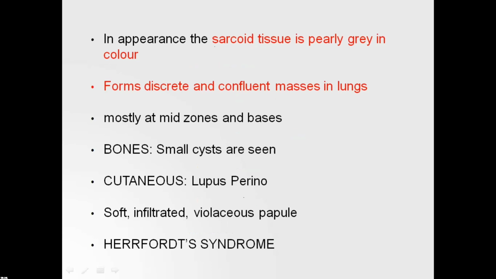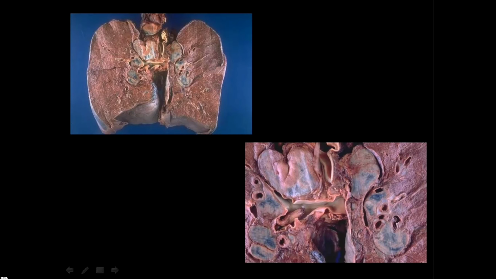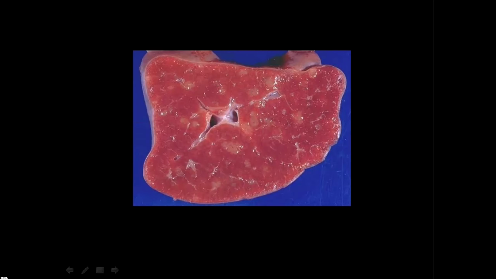The sarcoid tissue appears fairly grey in color, forming discrete and confluent masses in the lung, mostly at the mid-zone and bases. In bone, it usually forms small cysts. In skin, it forms lupus pernio or soft erythematous papules. See in the lungs how sarcoidosis looks, grossly.